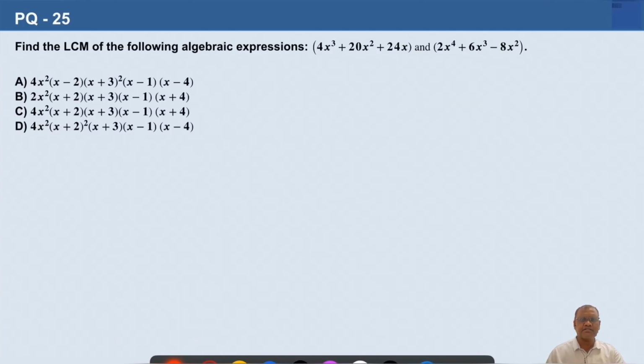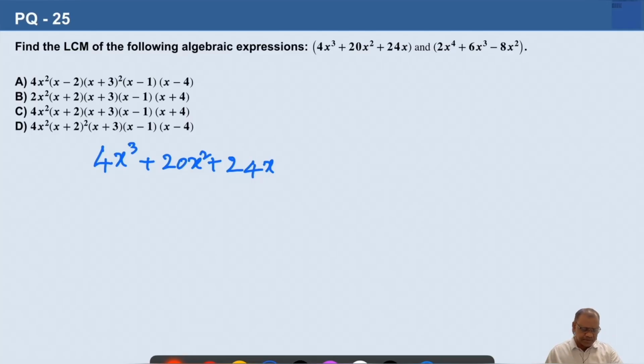Question number 25. Find the LCM of the following algebraic expressions. So here two algebraic expressions are given. First of all, we have to factorize these algebraic expressions. So first expression, let us take 4x cube plus 20x square plus 24x.